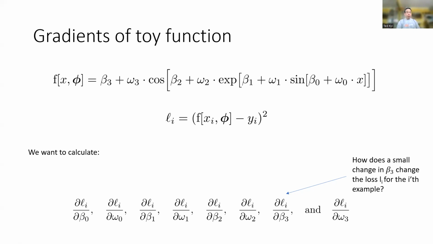If increasing beta 0 by 1 causes the loss to grow by 2, then we would say that this partial derivative of the loss with respect to beta 0 is 2.